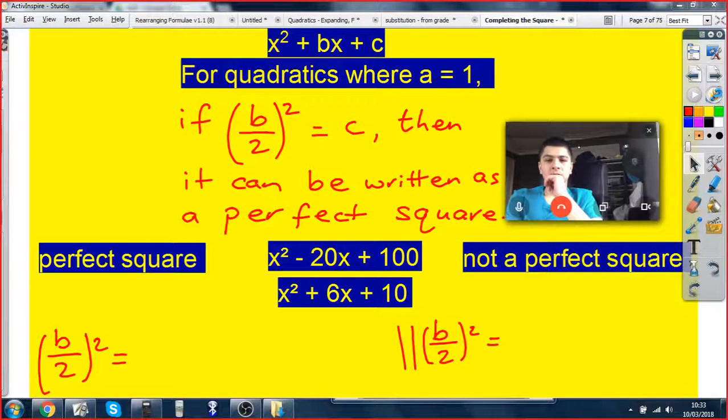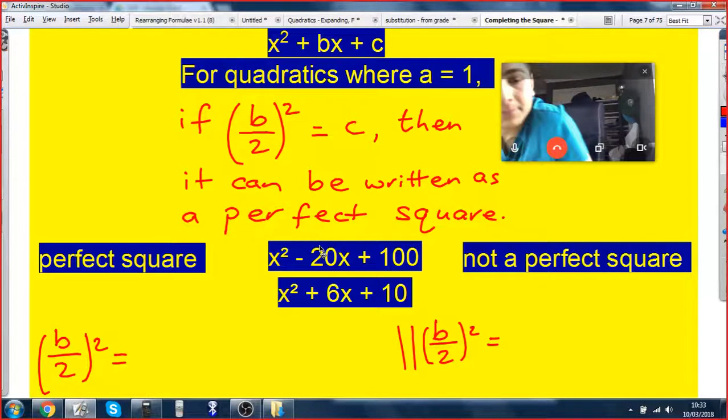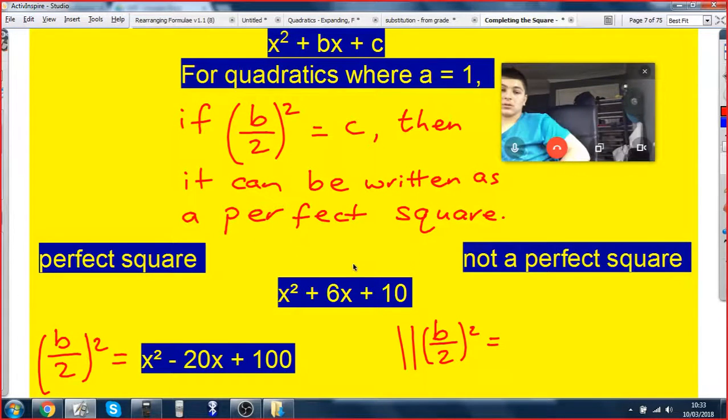Okay. So basically, when you have 1x squared, if b over 2 squared is equal to c, then it can be written as a perfect square. So let's say this first one, could that be written as a perfect square? Yes. Yep. How about the next one? 9.